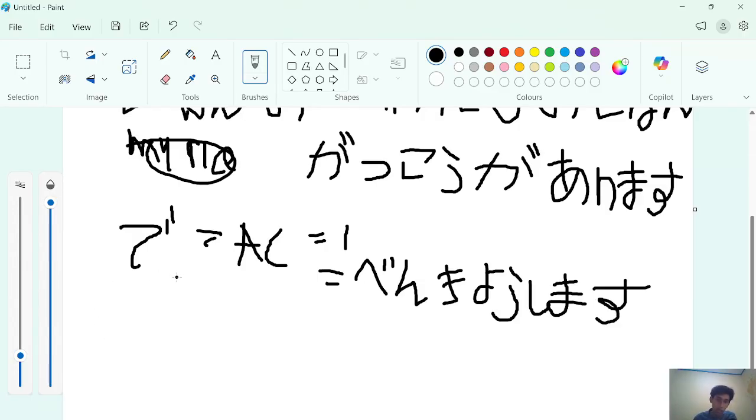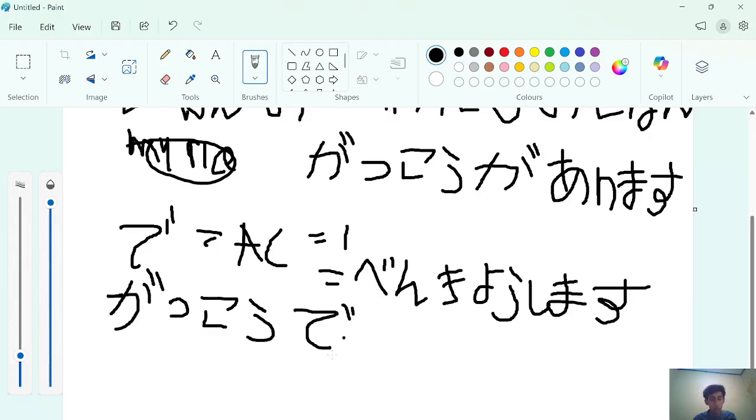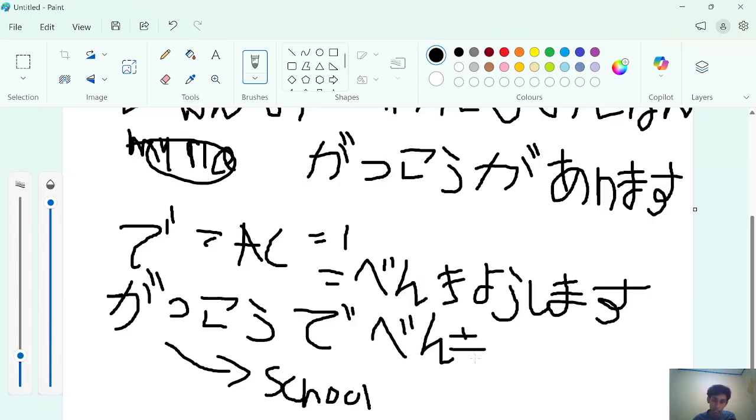So the Japanese word for school is gakkou. So de is used when you do some activity and to indicate a place, and that place is school.